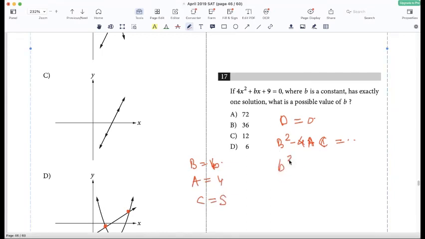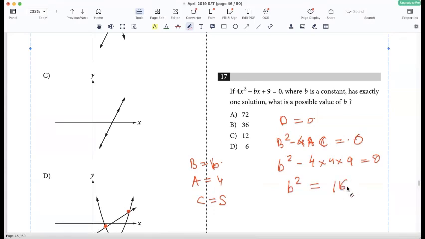So small b squared minus 4 into 4 into 9 is 0. So that becomes b squared is 16 into 9. So b will be 4 into 3, square root of 16 into 9, that's 12.